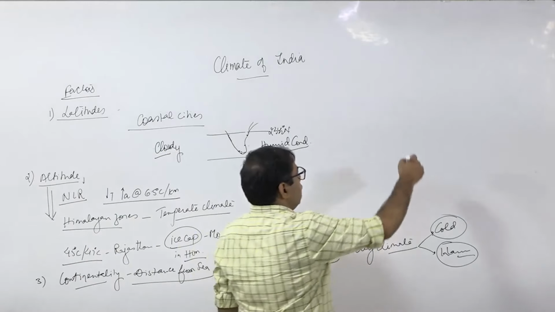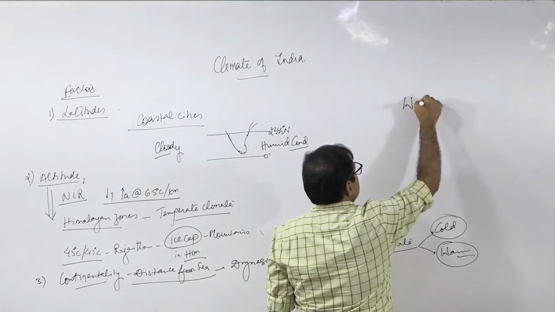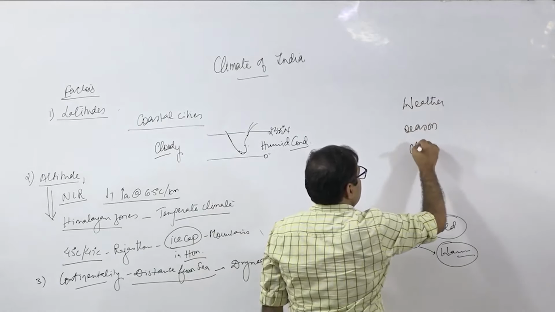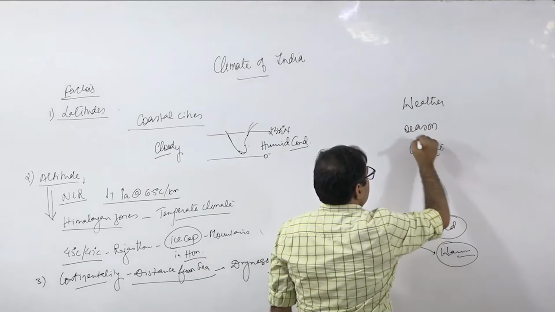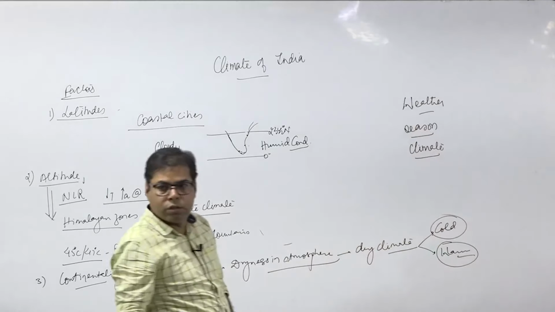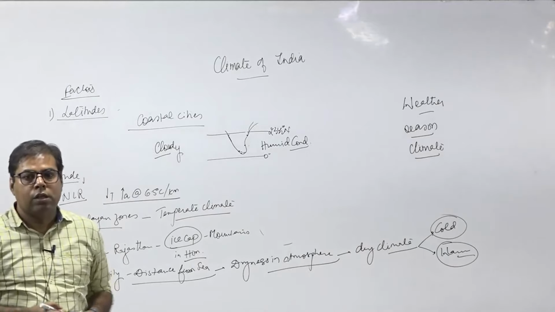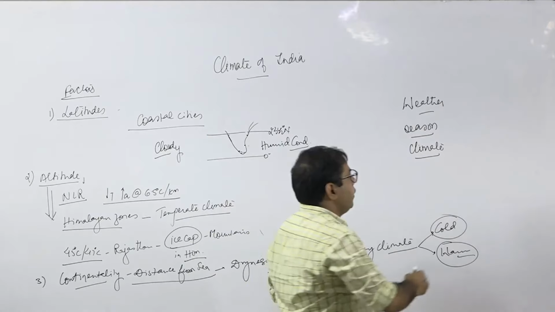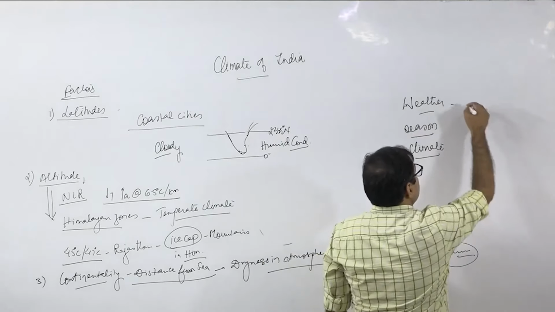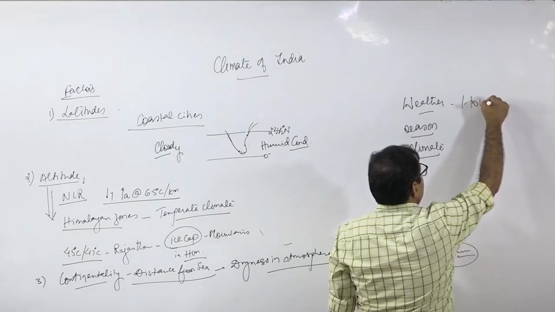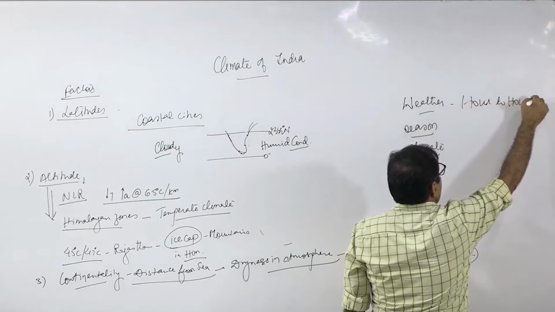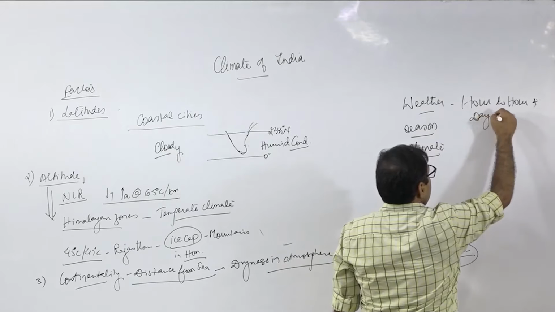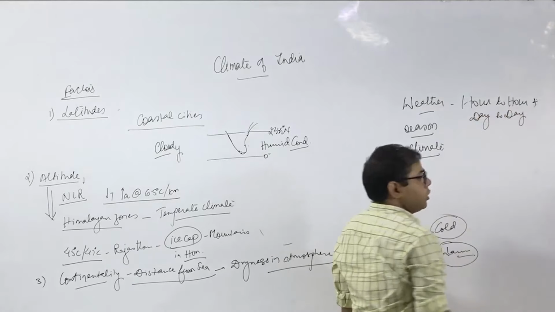अच्छा ये बताओ weather क्या होता है. What is weather? You have heard this term? What is weather? Day to day, it is called, NCERT में लिखा आपका 6th class NCERT, day to day change in the atmospheric condition.